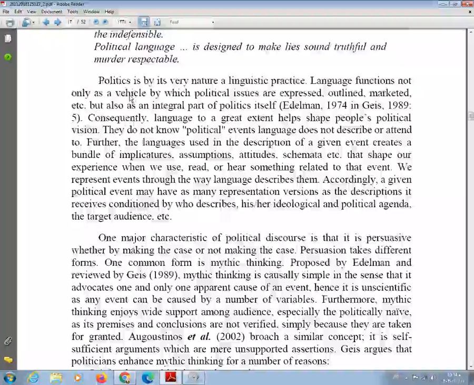One of the persuasive strategies that political language uses is messic thinking, اللي هو التفكير الخرافي, messic thinking. And the idea is simply, casually simple, in the sense that it advocates one and only one apparent cause of an event. According to messic thinking, there is only one reason or one cause for anything.